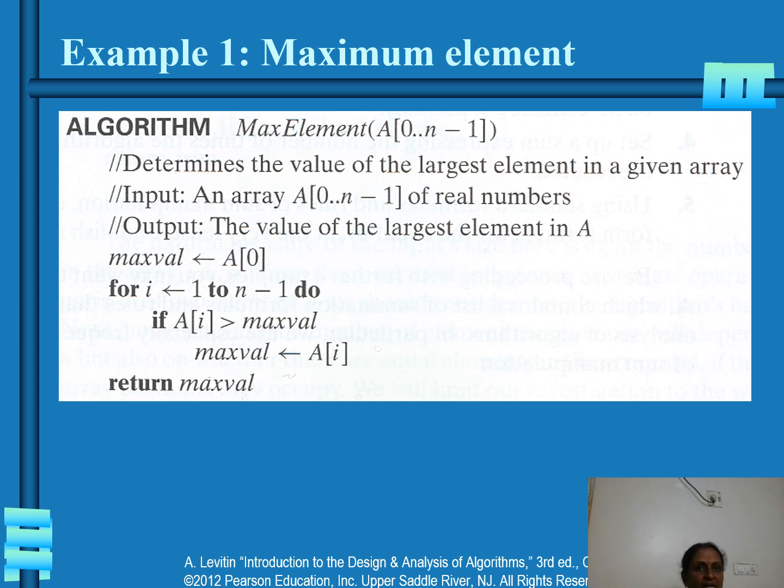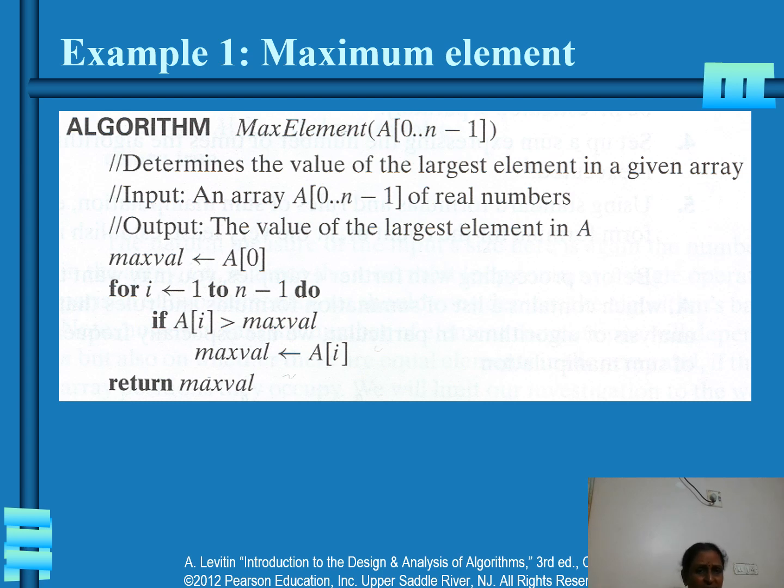Every time, you compare that maximum value with the remaining elements in the array. If the value present in that position is greater than the previous maximum value, then you assign that element as the max value. Otherwise, you retain the previous value as the max value. So likewise, you have to check the maximum value against all the elements of the array.